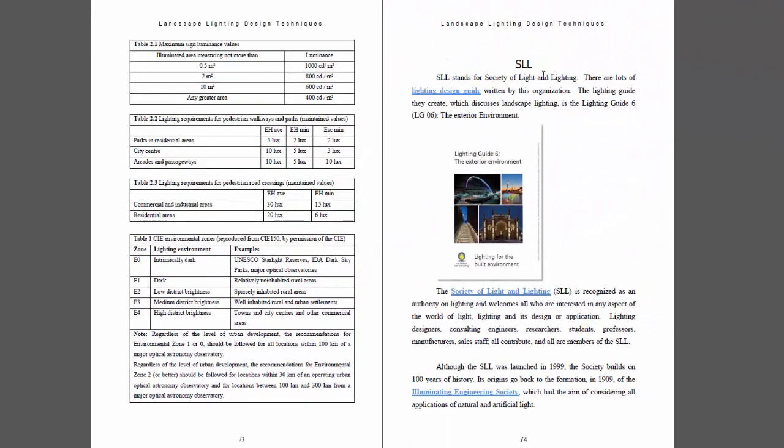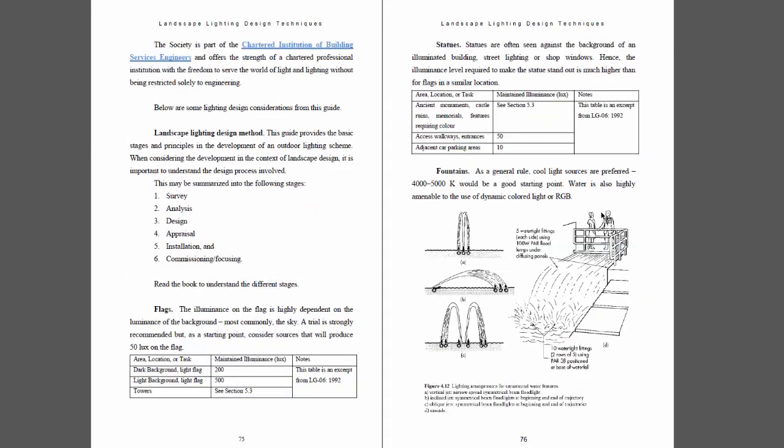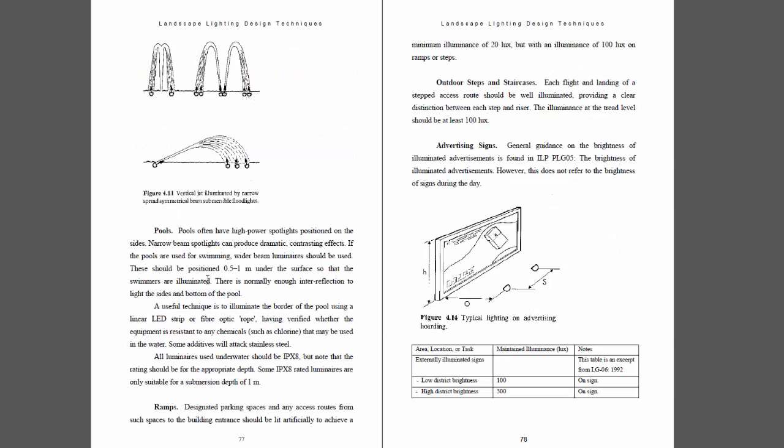From SLL, there are requirements for fountains and statues. There are some lux values for walkways, like 50 lux, or car parking, 10 lux. And what else? Pools. There are some requirements for pools, and it should be IPX8.